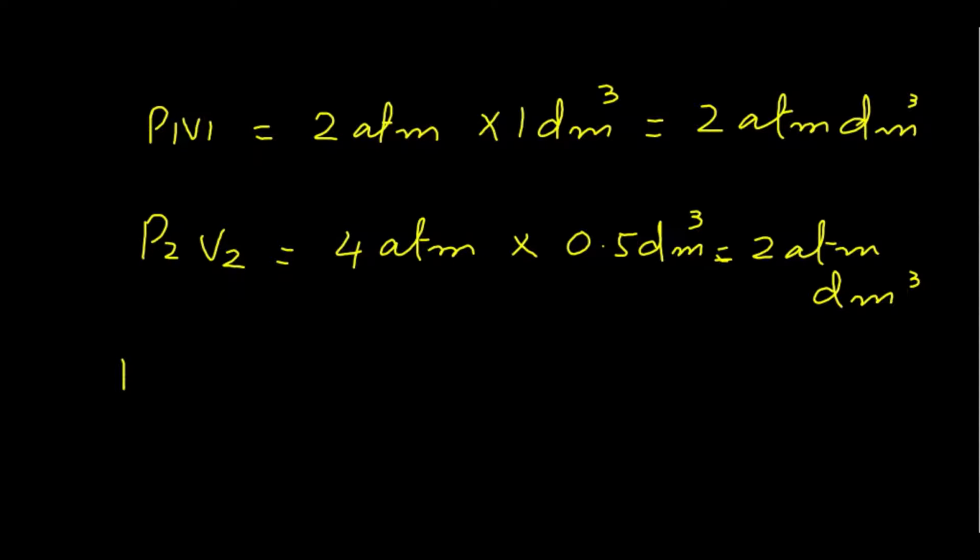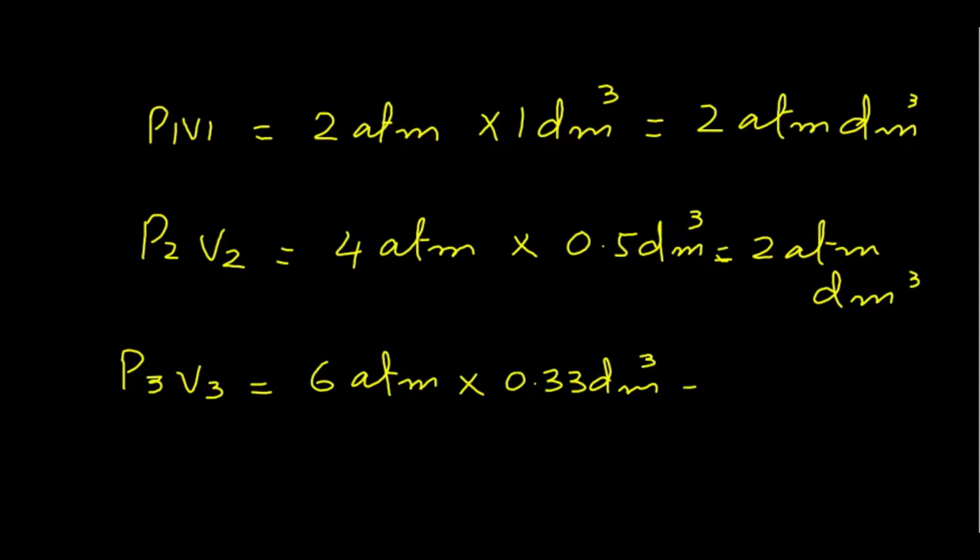Similarly, P3V3, where P3 is 6 atmosphere and V3 is 0.33 cubic decimeter. By multiplying, we get 2 atmosphere cubic decimeter. The product of all these experiments is constant, that is 2 cubic decimeter atmosphere. So it proves Boyle's law.